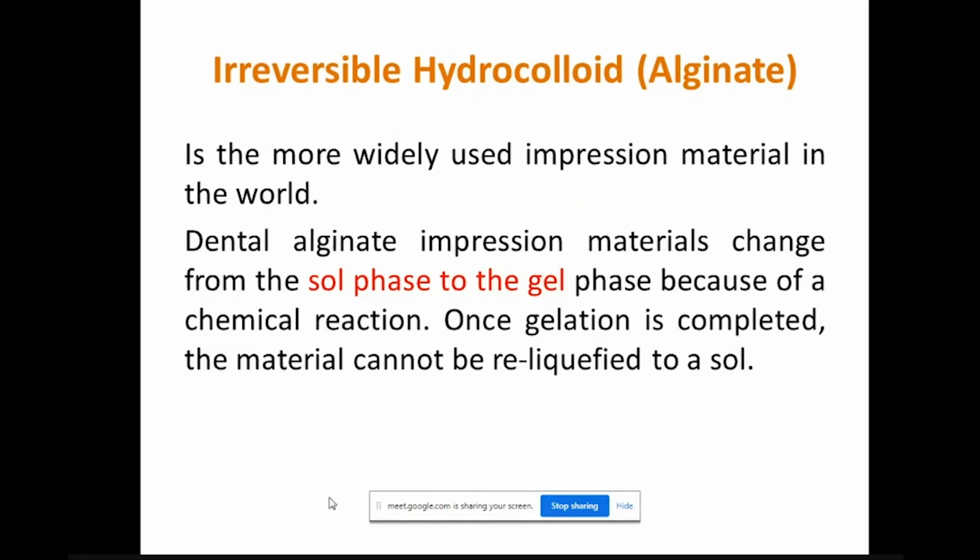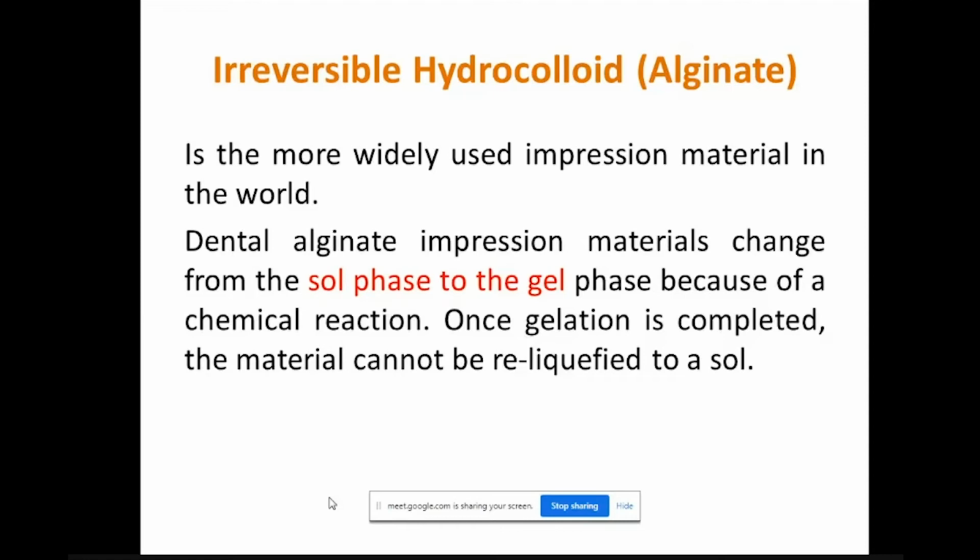The second type of hydrocolloid is irreversible hydrocolloid. Why is it irreversible? Because it is changed by chemical reaction. Like alginate, the most widely used material in the world.